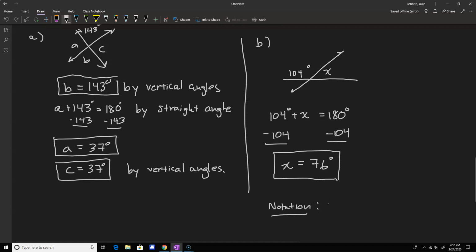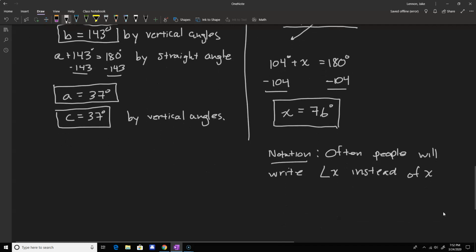Often people will write angle X instead of X to identify the object as an angle.